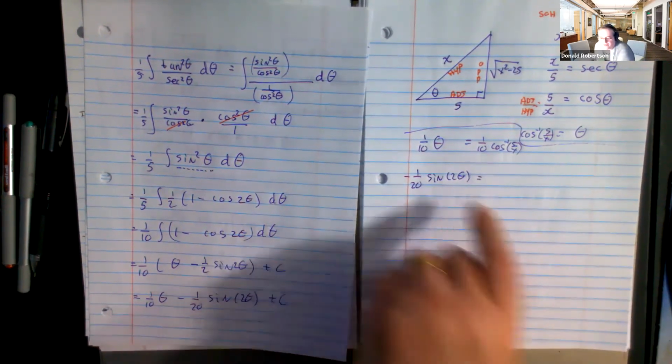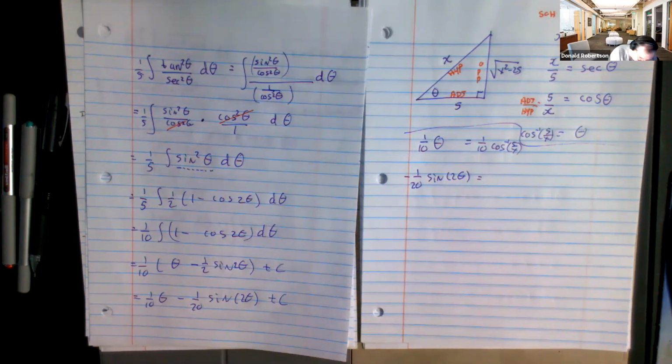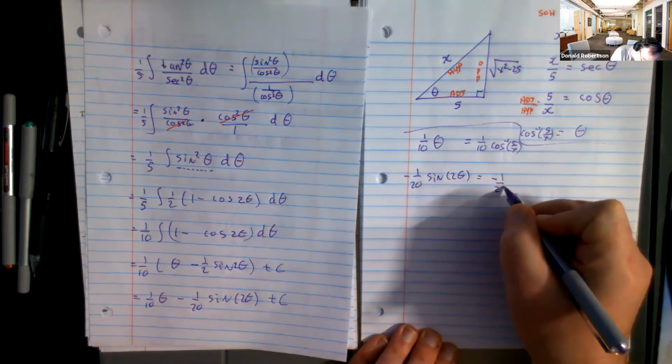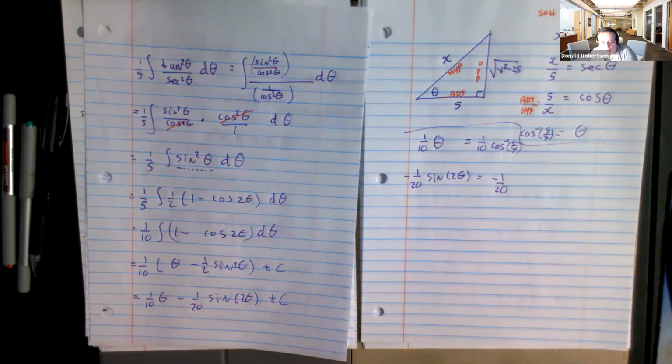What am I going to do about the sine of 2 theta? What am I going to change it into?